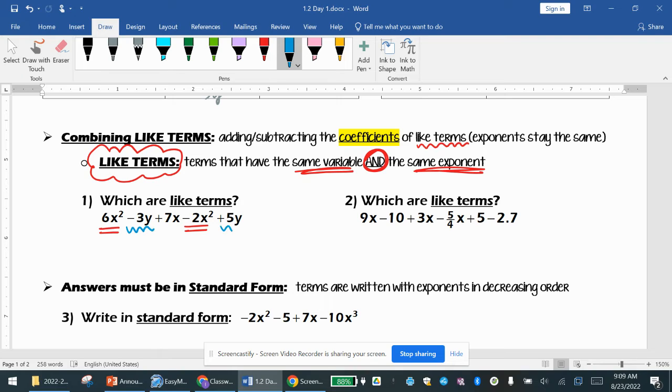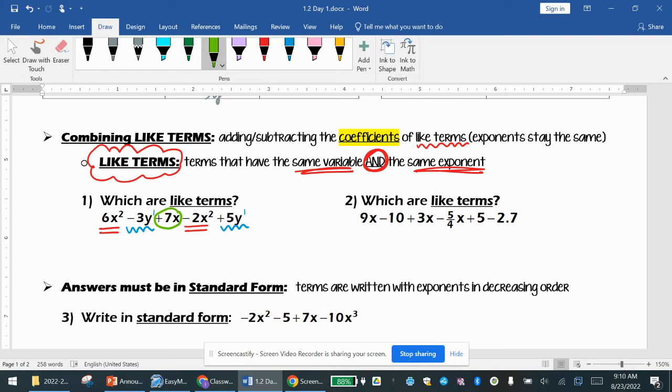Negative 3y and positive 5y are also like terms because they both have a y to the first power. You see how there's no exponent visible? That means it's a 1. And the positive 7x does not have a like term. There's no other term that just has x to the first power. We had x squares, but no other terms that just have an x.